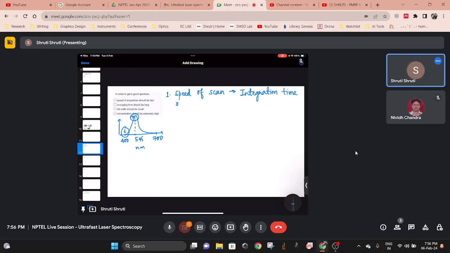Integration time or acquisition time is the time for which the signal gets collected. Suppose it will be 0.1 second or 0.2 second, like that. The detector will stop at one particular wavelength, so the signal will get collected for 0.1 second to generate a spectrum at 400 nanometer. At each wavelength, it has to wait for 0.2 seconds and the signal will be the average signal for that particular time.